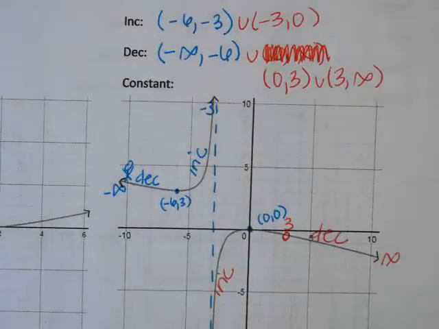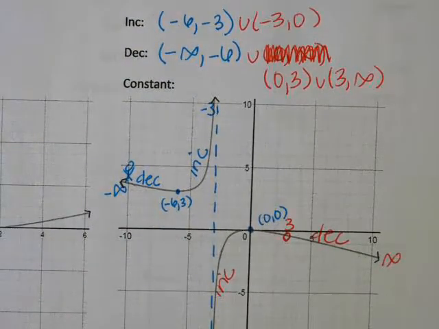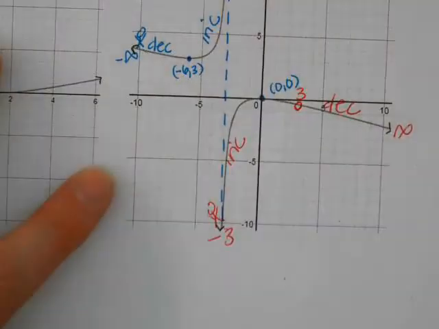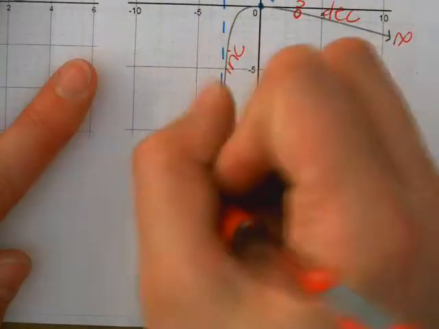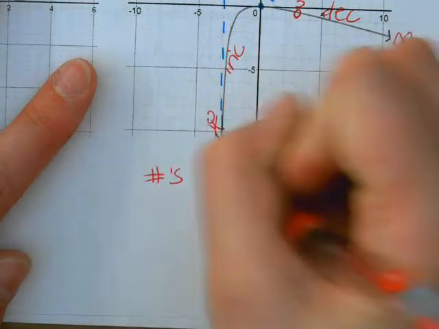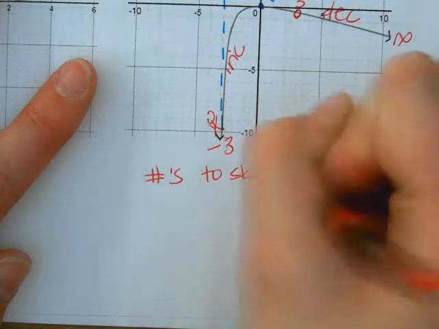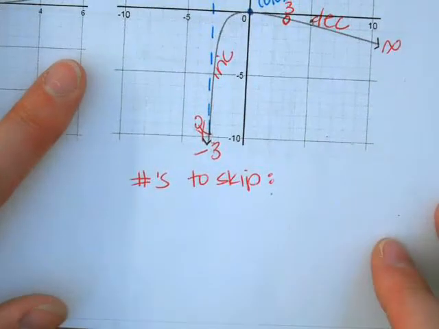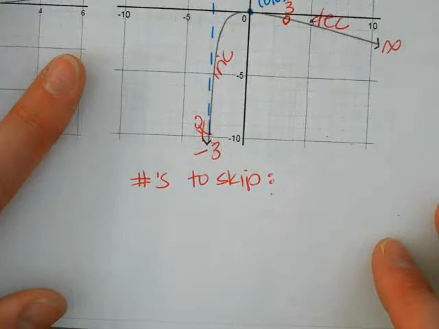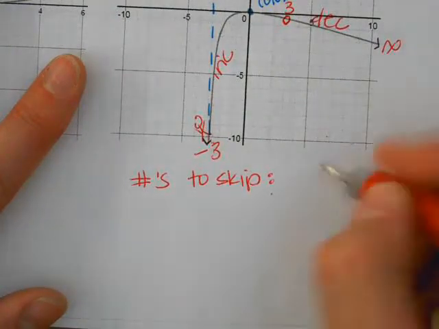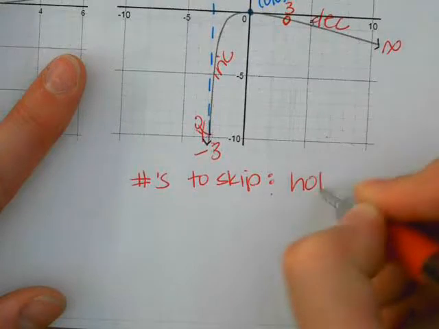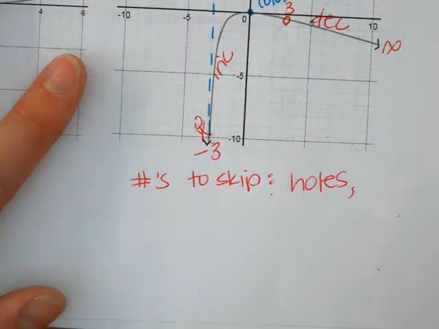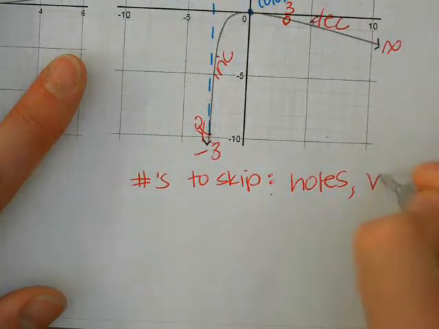So remind me again, what are the things we have to watch out for when we do increasing and decreasing? Holes, asymptotes, max and min. Okay? And we could write this in our packets. So numbers that are skipped, what are numbers that are skipped in the increasing and decreasing? Holes. Holes are numbers that get skipped. What's another number that gets skipped? Vertical asymptote.